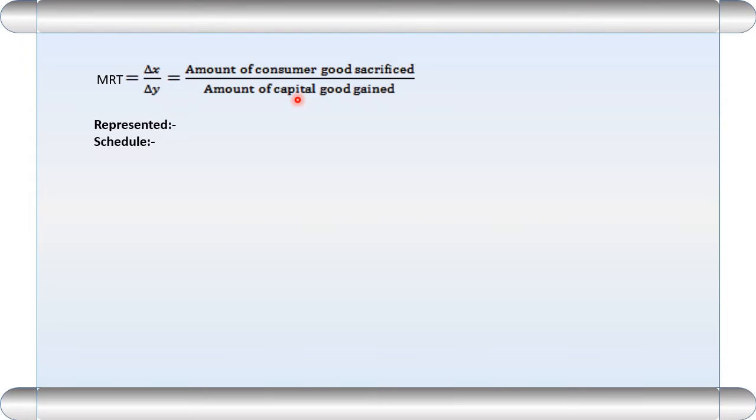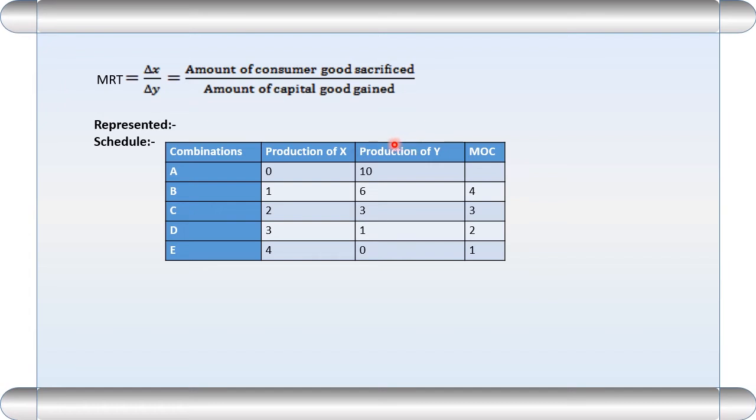So there are two ways of representing things. One is through the table and second is through the graph. Try to see the same thing through the schedule. Listen, this is the schedule. These are the options which I have: option A, option B, option C, option D and option E. In option A, I am making 0 X goods, but I am producing 10 Y goods.